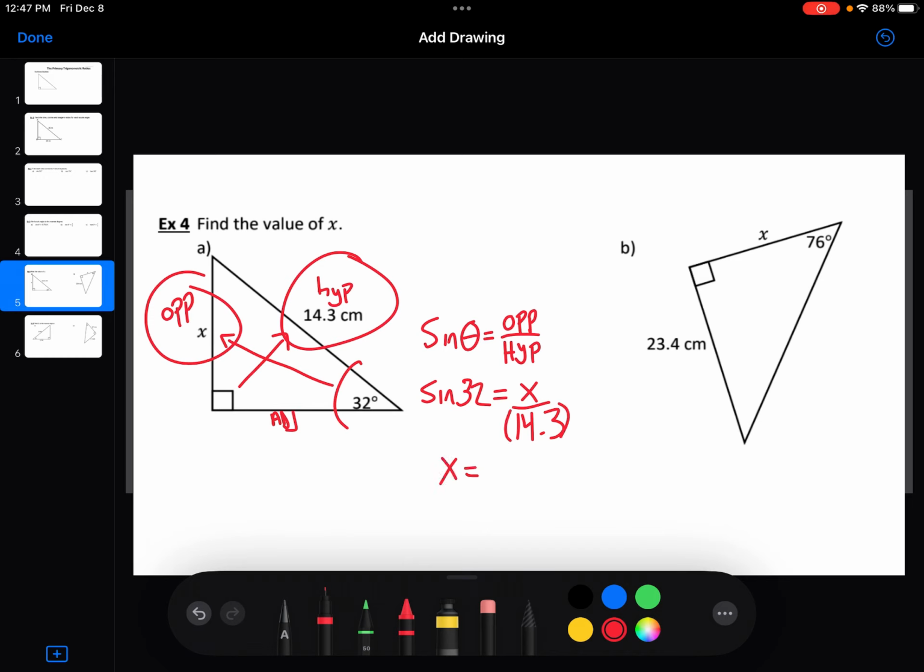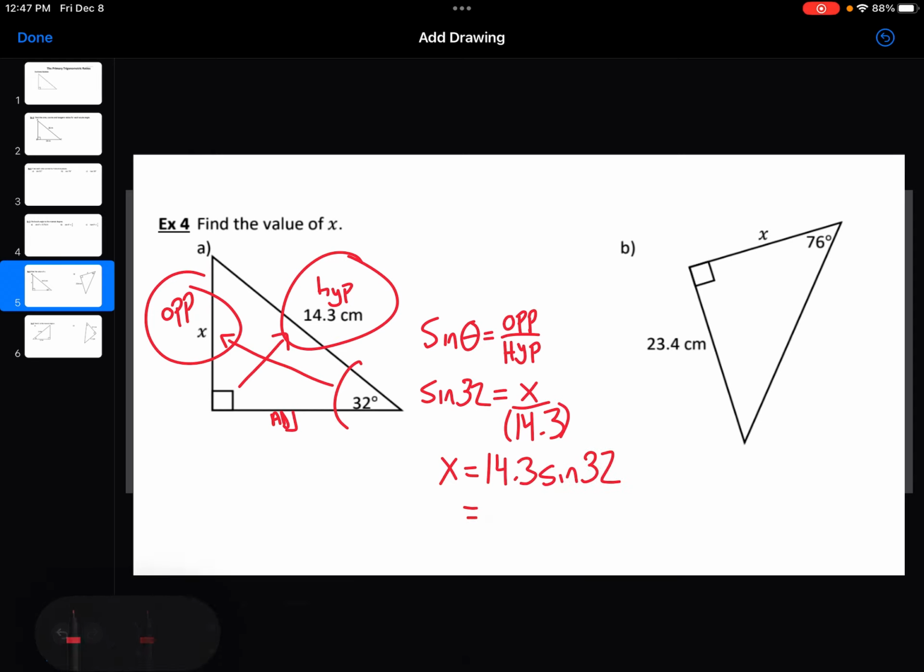The way we write it is always the number first and then sine 32. So this says 14.3 times sine 32. I would do the trig part first. So sine 32 is going to give me 0.5299 times 14.3. This says find the value of x. I'm going to round it to one decimal. So we get 7.6 centimeters.